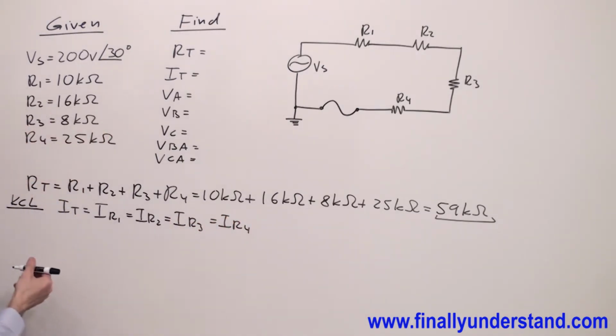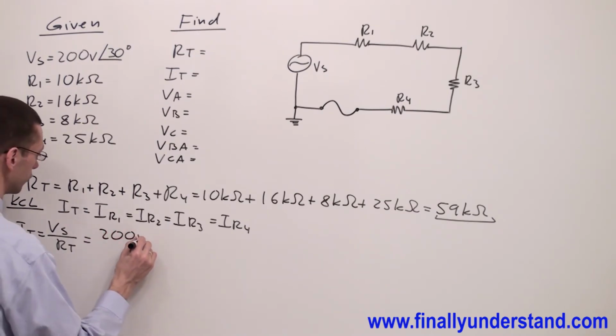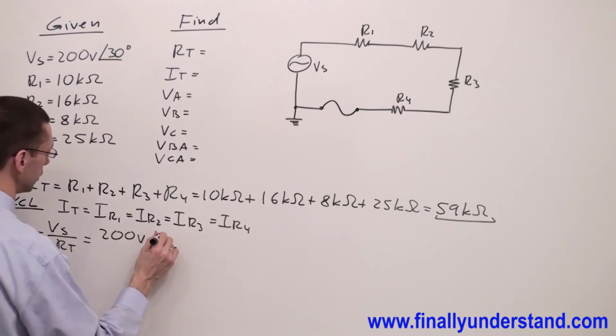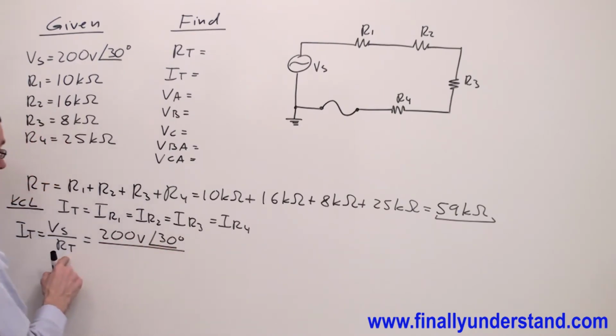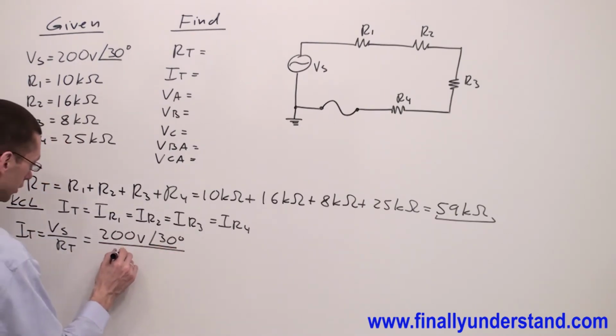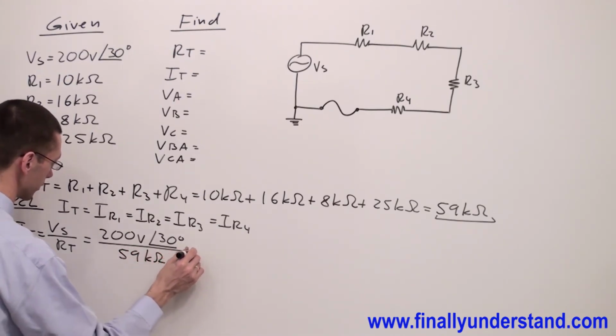If you want to find the total current, simply divide the voltage source over R total, where the voltage source is equal to 200 volts and angle of 30 degrees, over R total, which is equal to 59 kilo ohms.